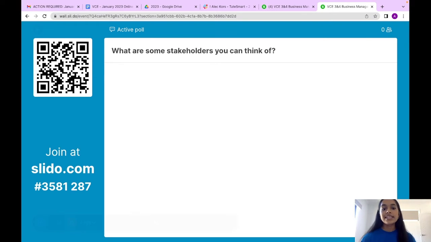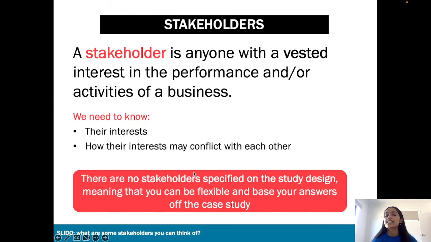What are some stakeholders in the business environment? Remember it's literally anyone with a vested interest in the performance or activities of a business. For example, employees are impacted by the activities of a business, so they would be a stakeholder.